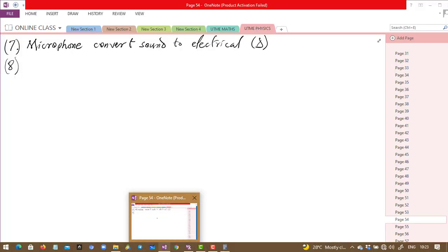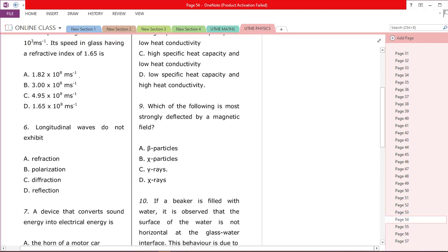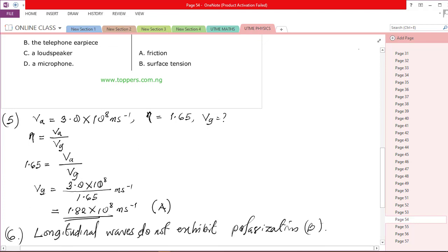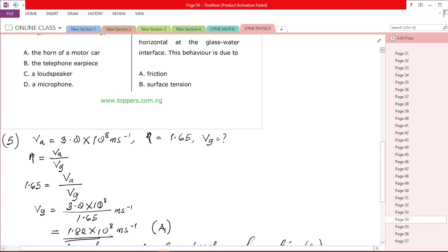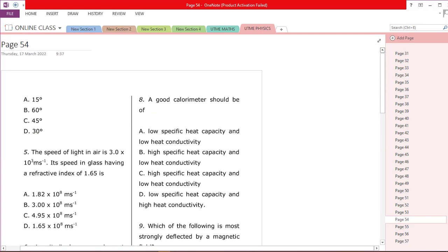According to the question, the question says: what are the qualities or properties of a good calorimeter? So I was about explaining that.